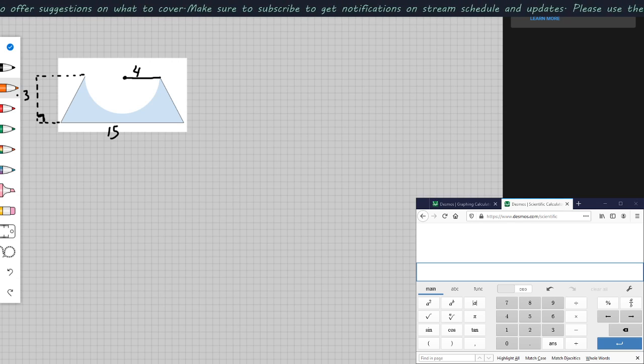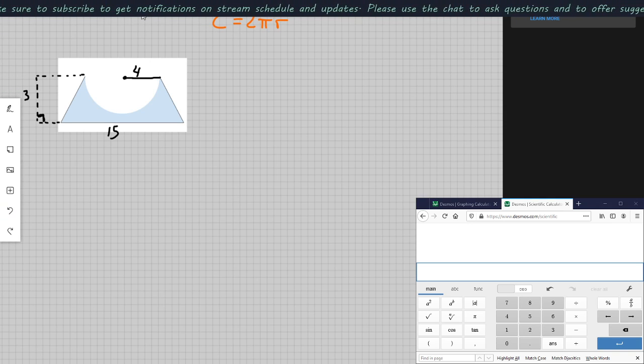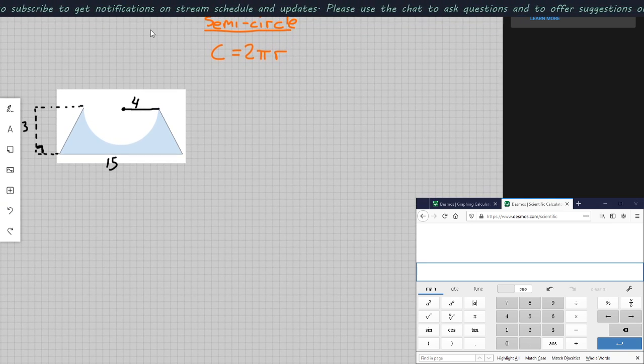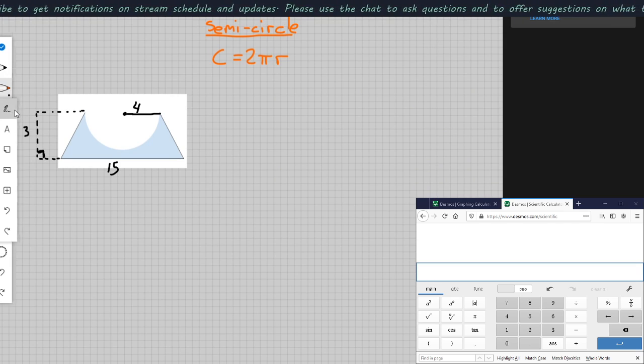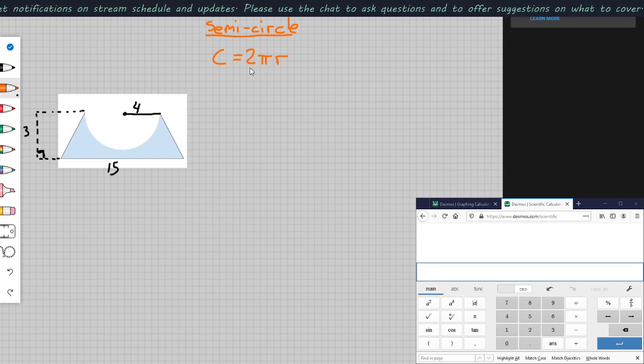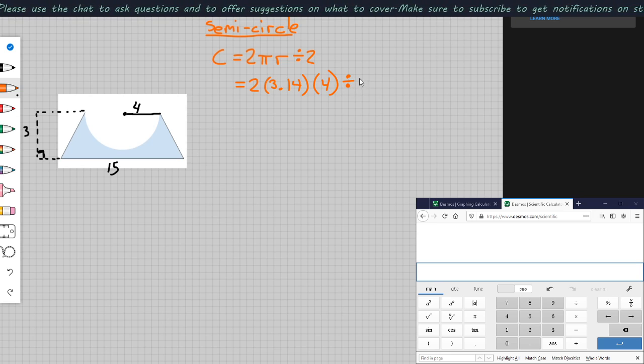So for the semicircle, in order to find circumference, let's use 2 pi r. That's normally what we would use for a circle, but since it's a semicircle, we need to find half of that. So at the very end, we're going to divide by 2. So it would be 2 times 3.14 times the radius, which is 4, and then divided by 2.